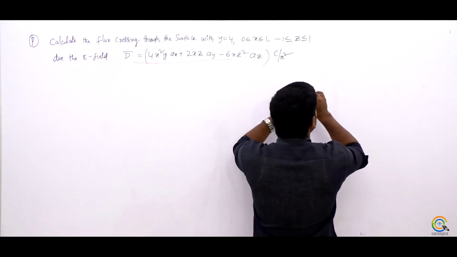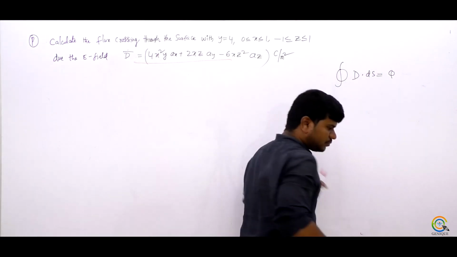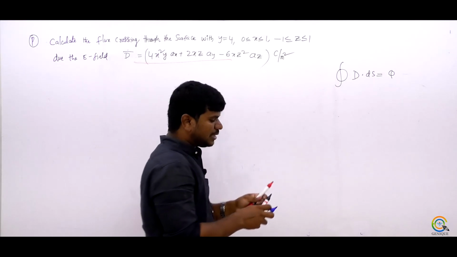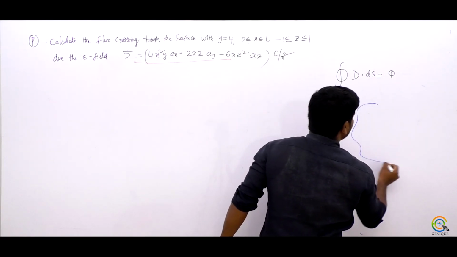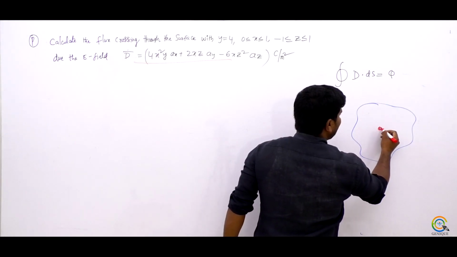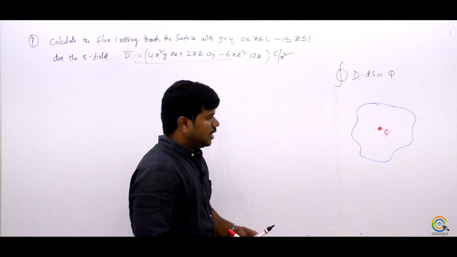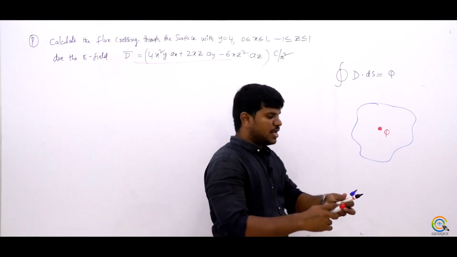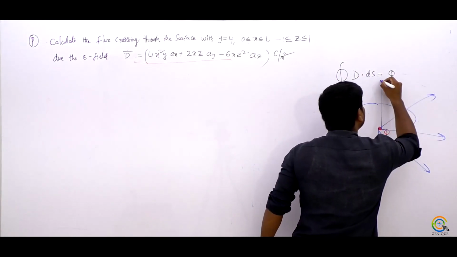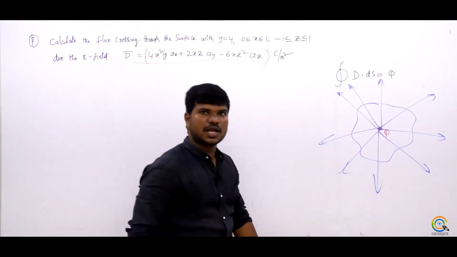The Gauss Law says that the closed integral of D dot dS is equal to Q. That means if you take any closed surface, and any charge is placed inside that closed surface, then due to this charge, we know the electric field will come out of this surface. This is what we studied till now. This is the Gauss Law.